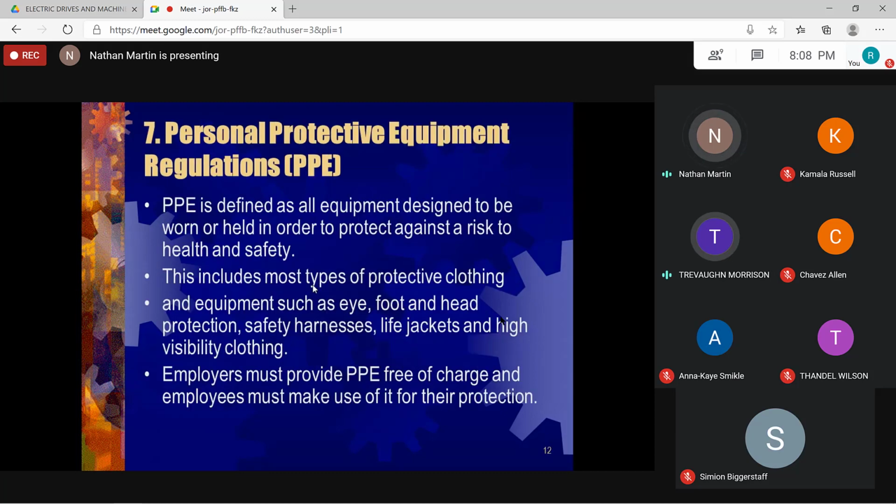Alright, so let's talk about personal protective equipment, right? So this regulation states that the employer must provide you with PPE, and you as the employee must wear your PPE as it is supposed to, right?